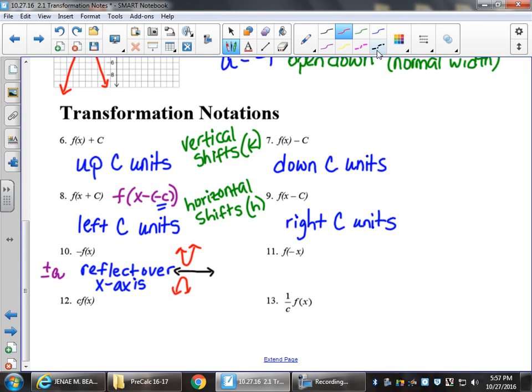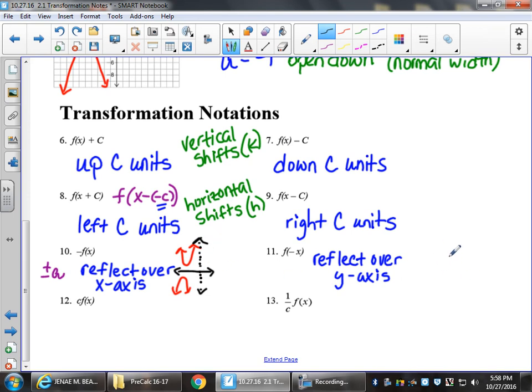11 is a slightly new concept for us. This will be a reflection, reflect over the y-axis. Reflect over the y-axis. So I don't want to not put a y-axis here, but I'm just going to make it a dotted one because here, for number 10, I really wanted you to pay attention to the x-axis.